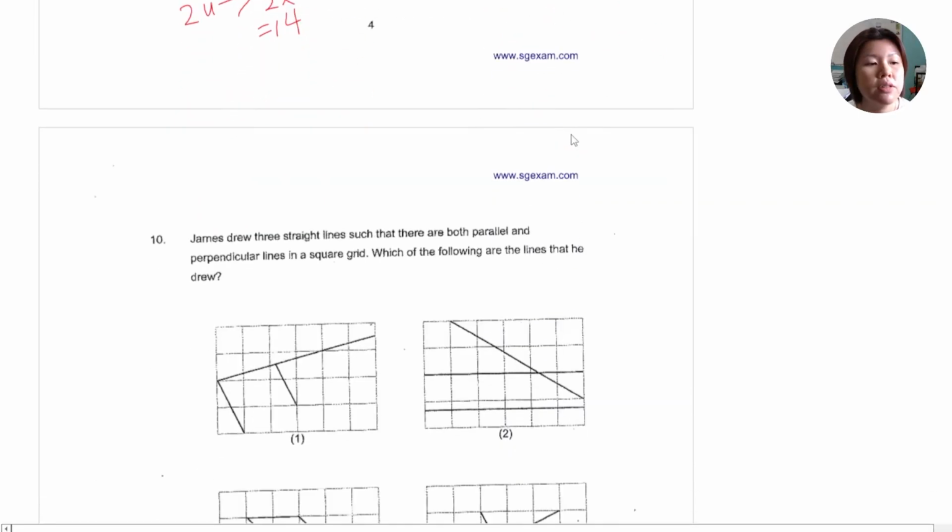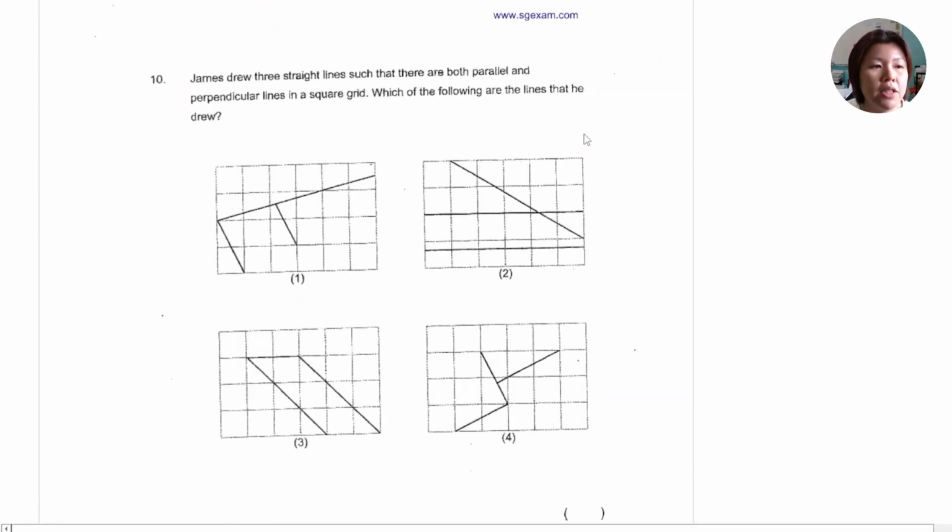Okay, let's move on. Okay, number 10 is perpendicular and parallel lines. So James drew 3 straight lines, and such that they are both parallel and perpendicular. So which of the lines that he drew is both parallel and perpendicular? So if you can see, perpendicular is actually 90 degrees, and parallel lines is the line that doesn't meet.